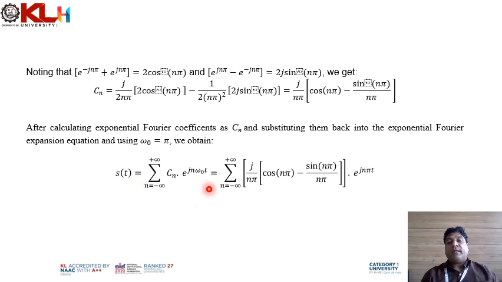Hence we get the Fourier series expansion, or the synthesis equation, as x(t) = summation n from minus infinity to infinity of (j/nπ)(cos nπ - sin nπ/nπ) e^(jnπt). This is the Fourier series.